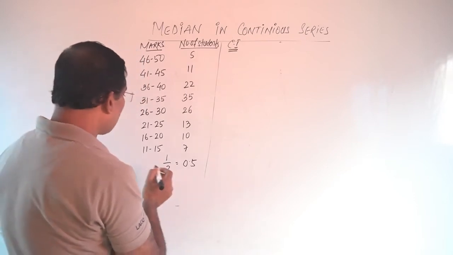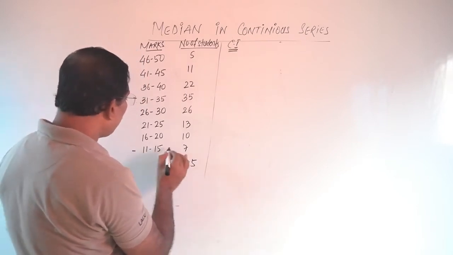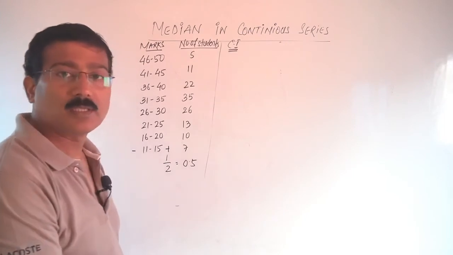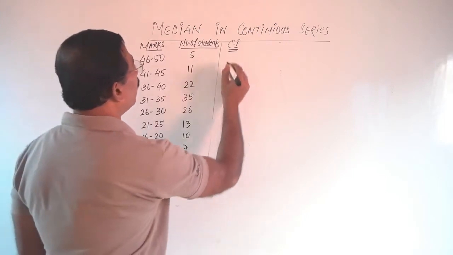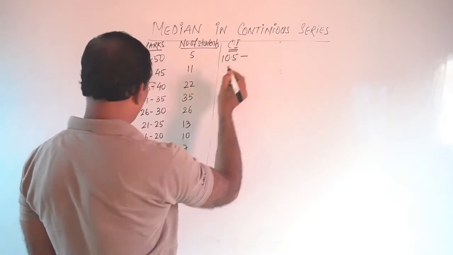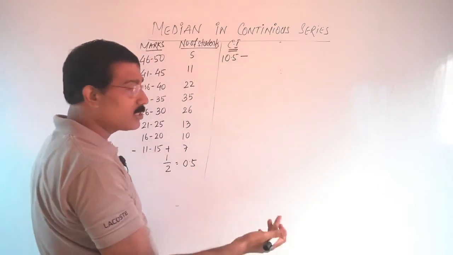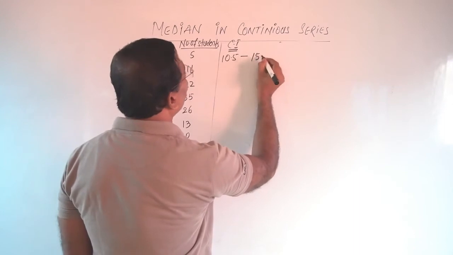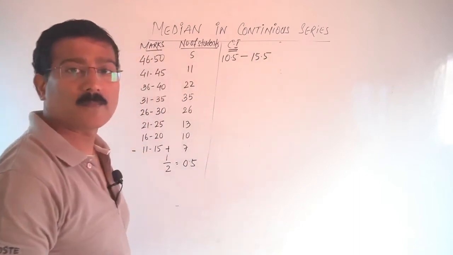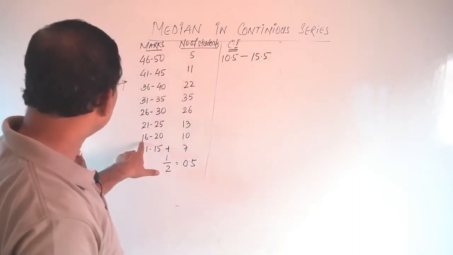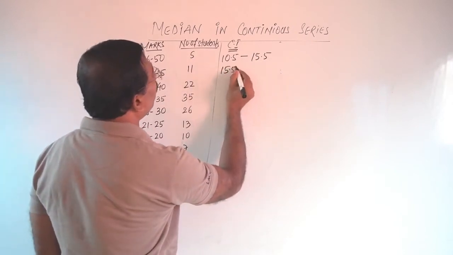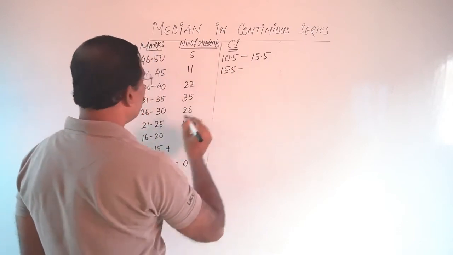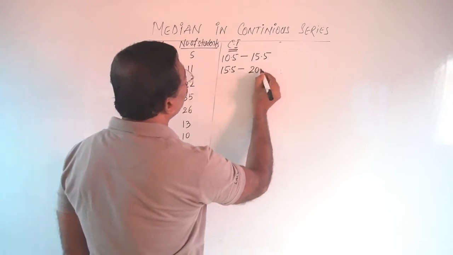You will convert like this, minus 0.5 and plus 0.5. Okay, look, 11 minus 0.5 will be 10.5. 15 plus 0.5, so here will be 15.5. Very clear? Next, 16 minus 0.5, so it will be 15.5 to 20.5.